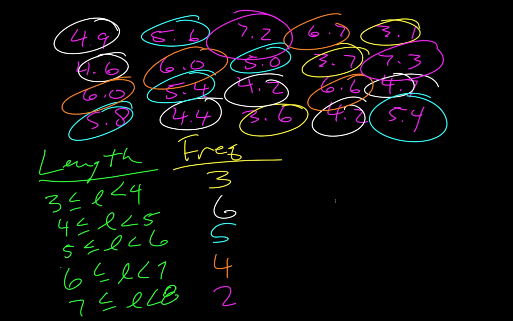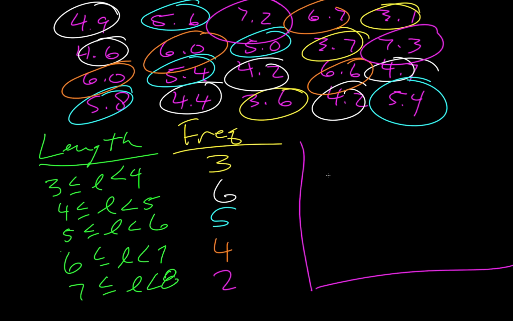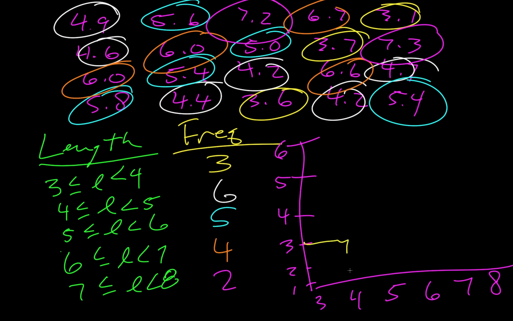Okay, and then they want us to plot a graph. So we just need to write the highest frequency is 6. So we can just say 6, 5, 4, 3, 2, 1. And then we go from 3 to 8. So 3, 4, 5, 6, 7, 8. And so this yellow 3 is represented by that.